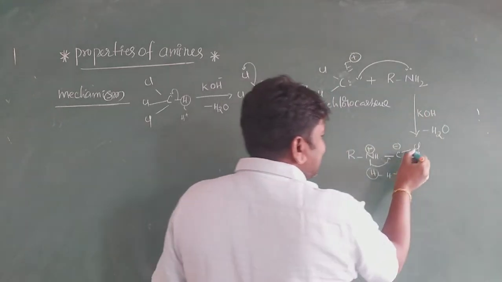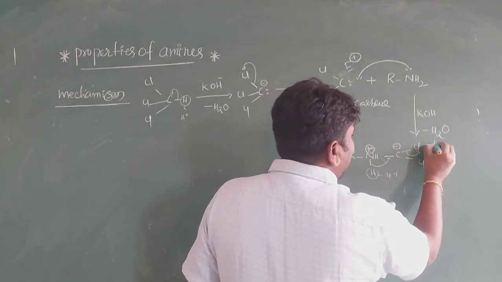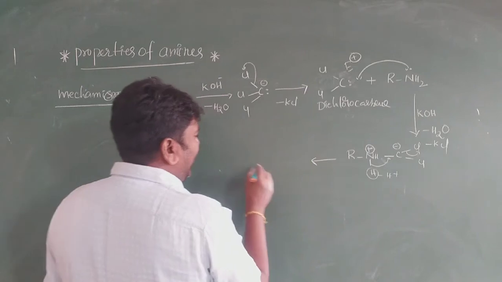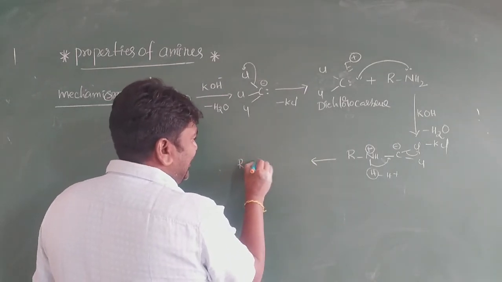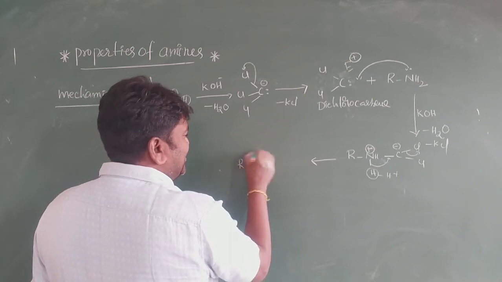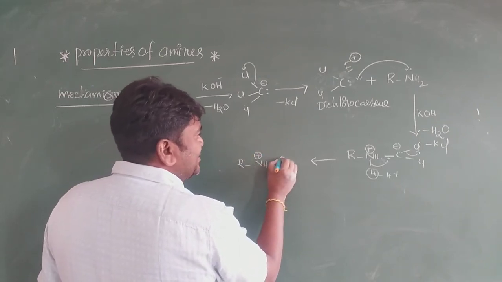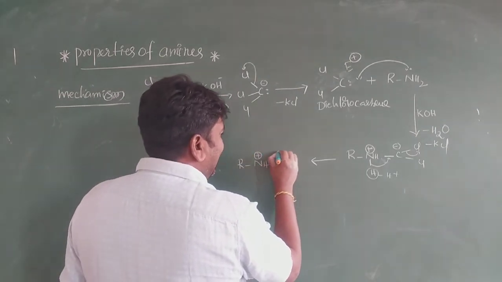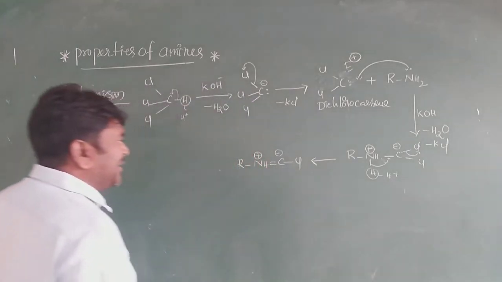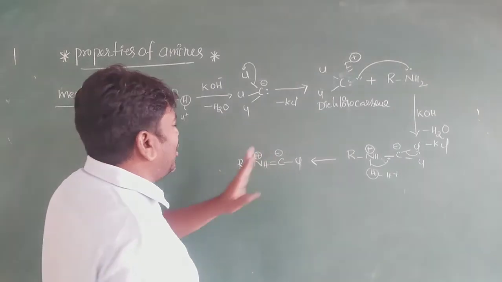Next, this Cl minus and K, KCl is eliminated. What is the product? That is R, N, H, plus, double bond C, minus, and Cl. My dear students, see there.